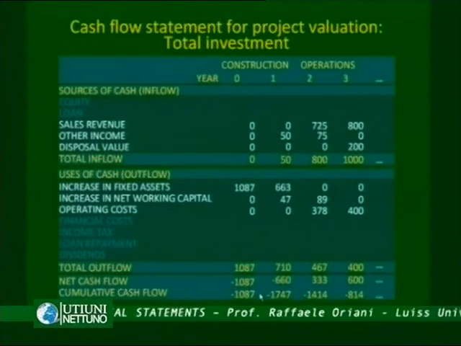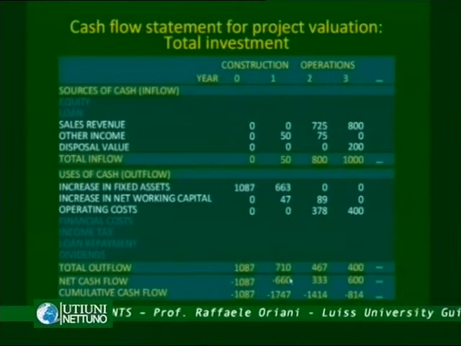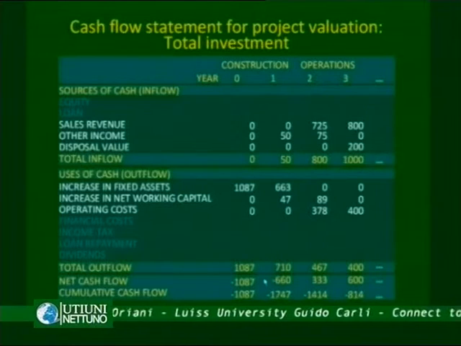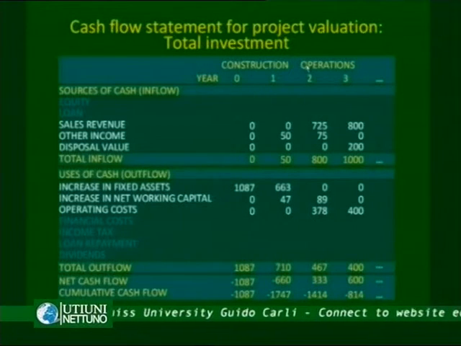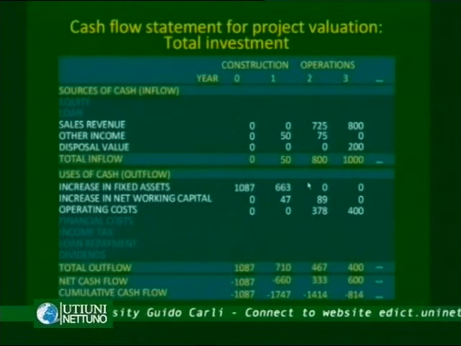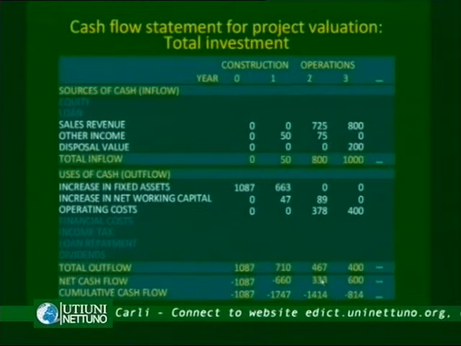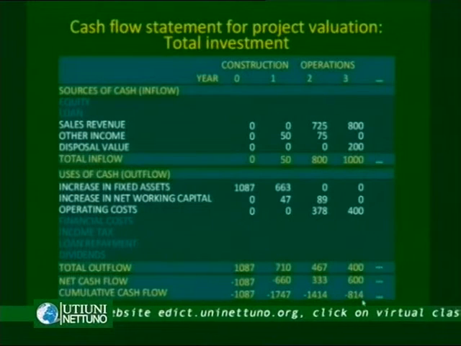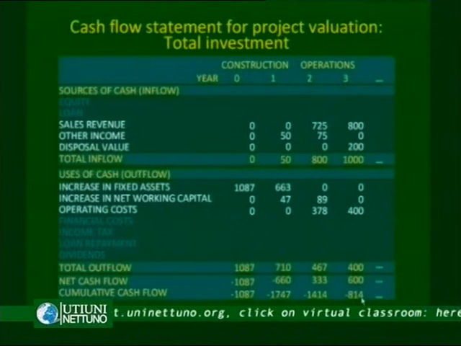So here what we can see is that the project is generating negative cash flows from total investment in year 0 and 1. Then when the operation starts, the cash flow from total investment becomes positive, even though the cumulative cash flow is still negative at year 3.